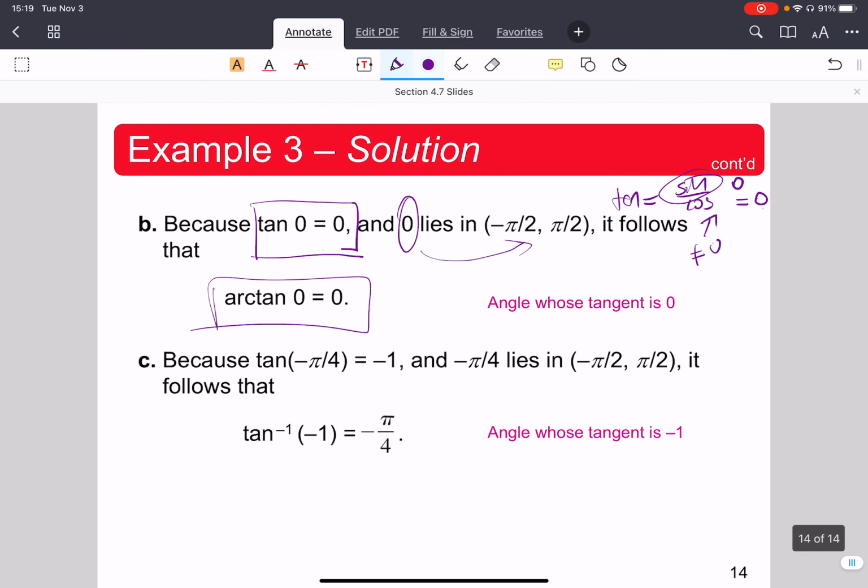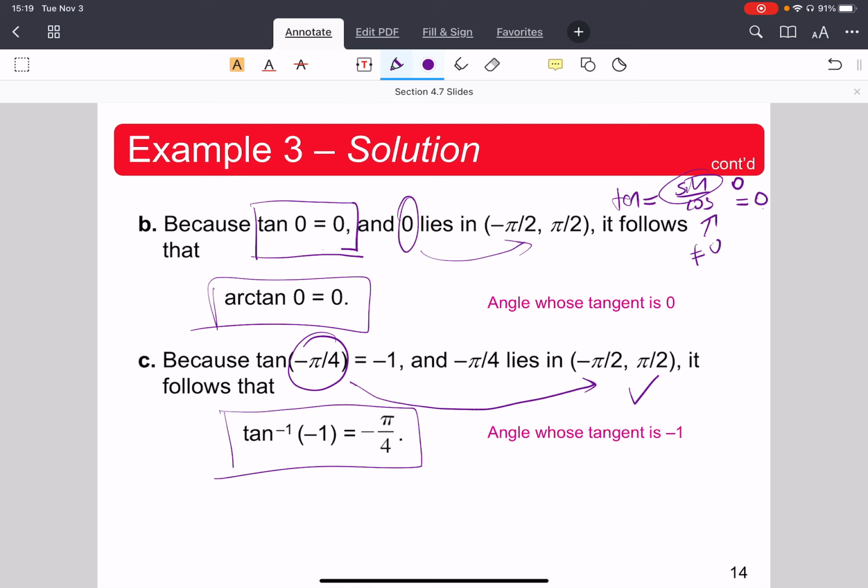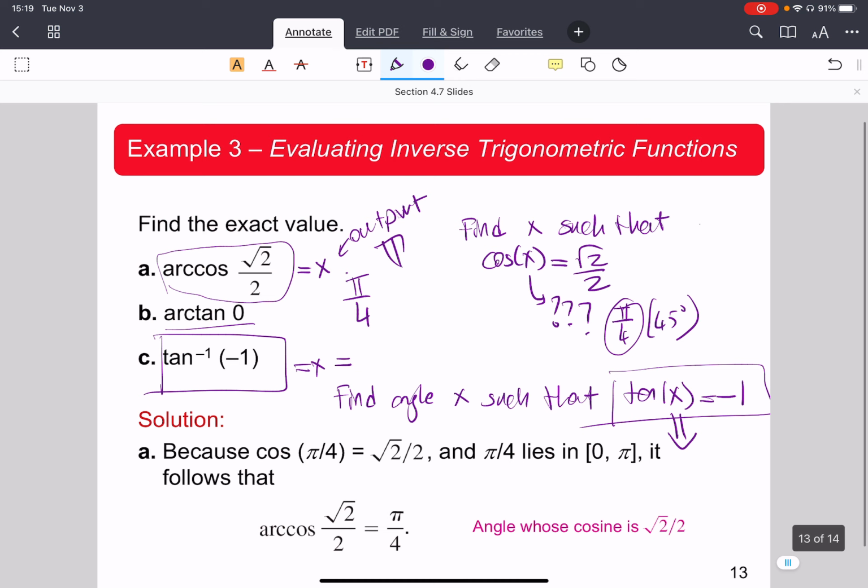It's highly likely negative pi over 4. Then you make sure that it's in the range. Because pi over 4 is smaller than pi over 2, it is true. So the result of this has to be negative pi over 4. So that's all I have for this video.